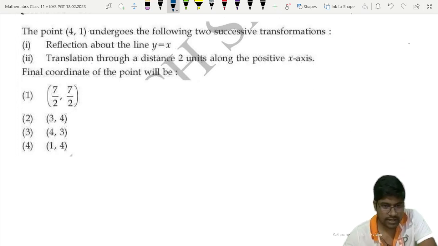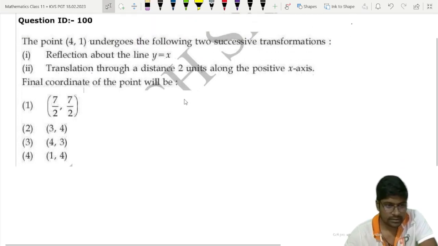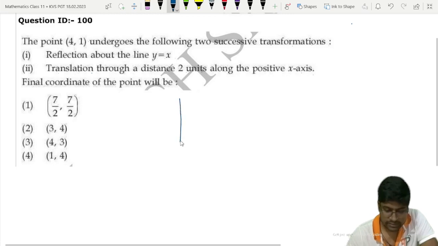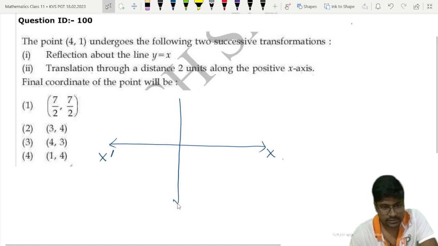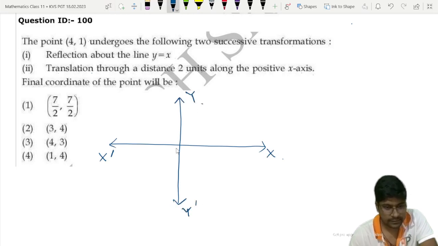So let us try to understand it. Let us try to visualize it by drawing the graph. Suppose this is the x-axis, the horizontal axis, this is x dash x and this is y dash y and this is the origin.